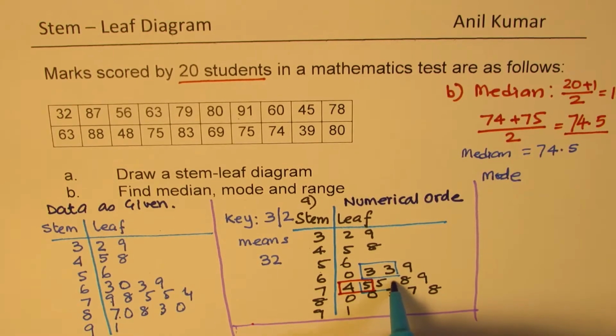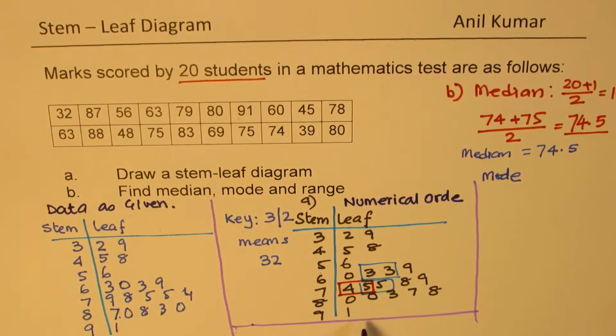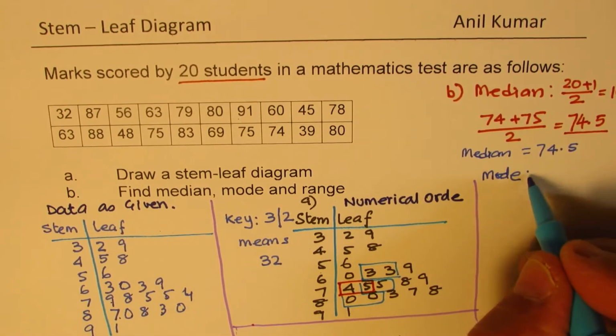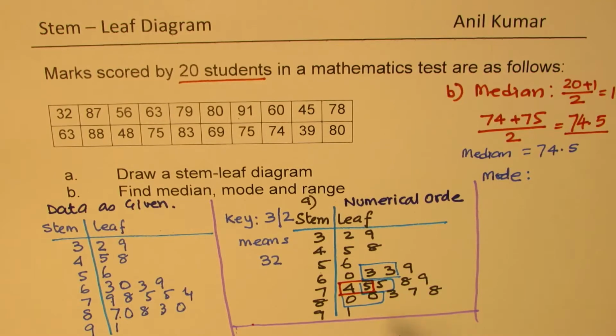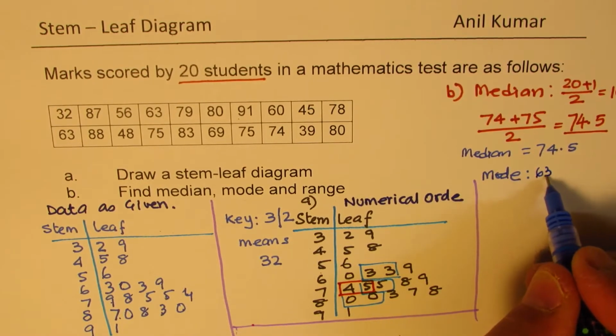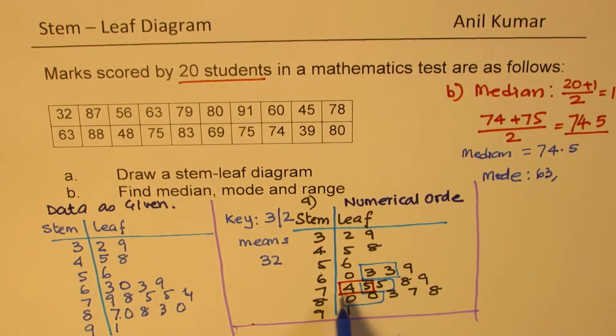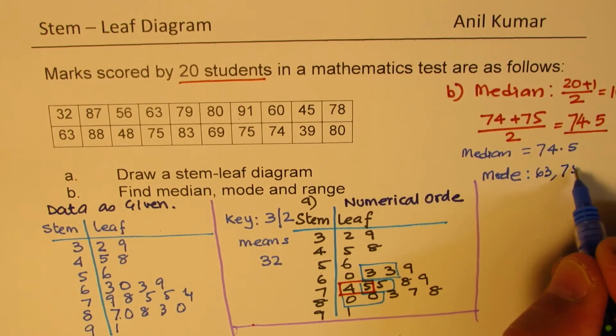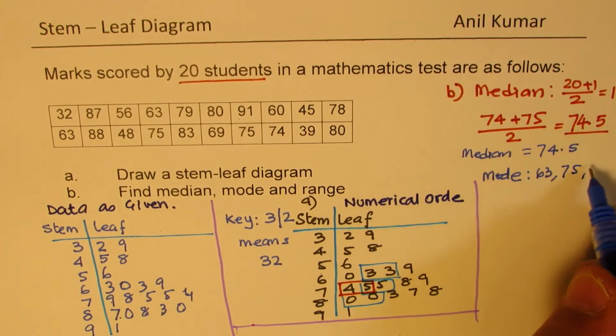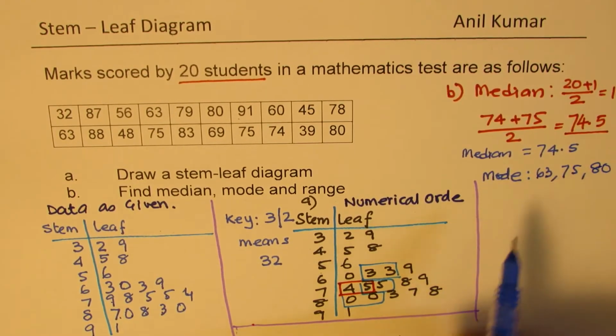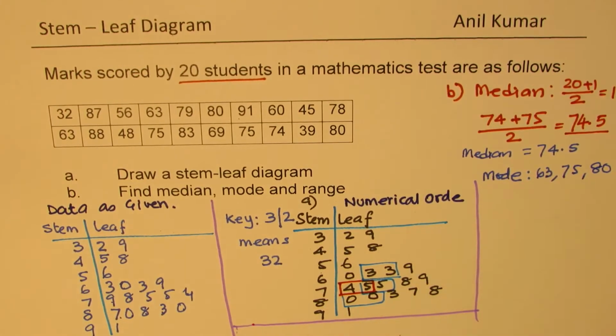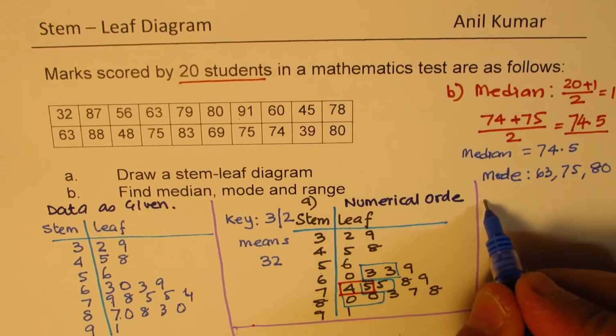We do have two 5s, that could also be a mode. And then we have these two zeros. So in fact, we have 3 modes in this particular case: one mode is 63, the other one is 75, and then we also have 80 as the mode. There could be more than one mode. That is important to understand.